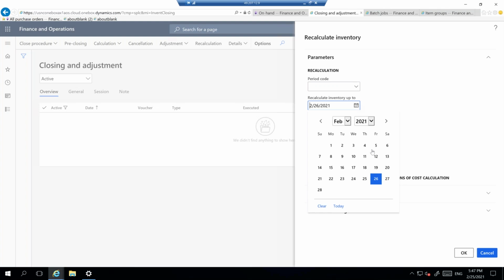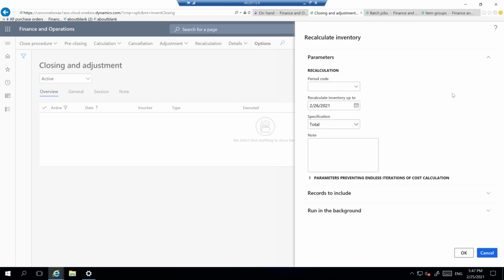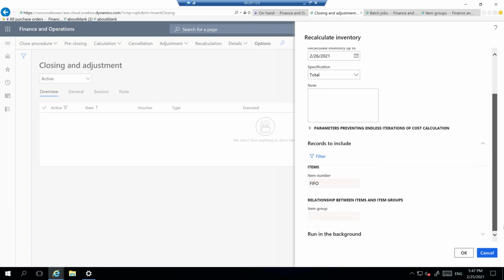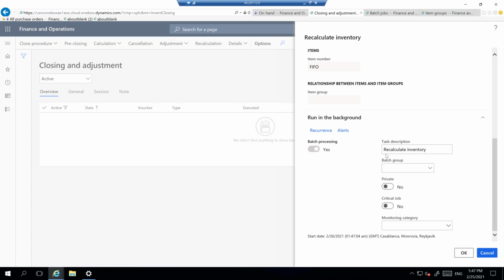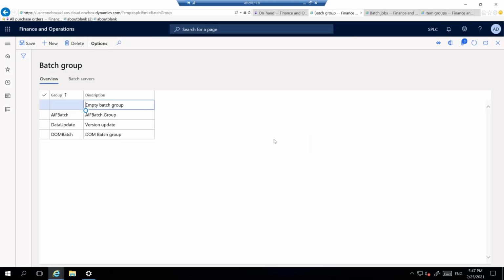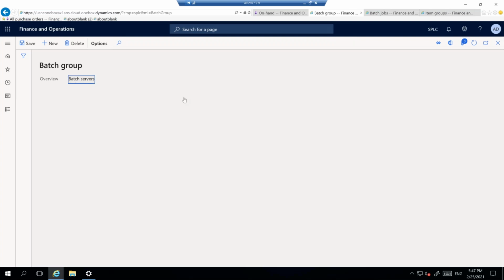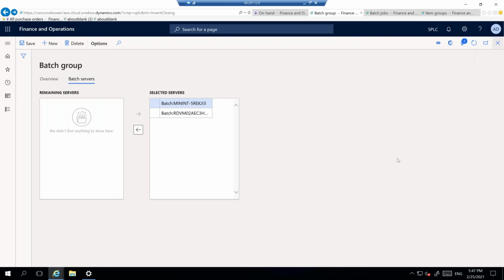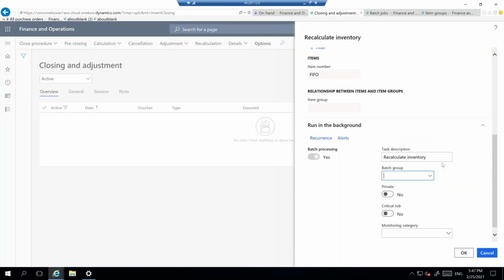Okay, we have to enter. This is recalculation up to. Fine. This is the date, but okay, batch job. How frequently it was mapped. Recurrence.